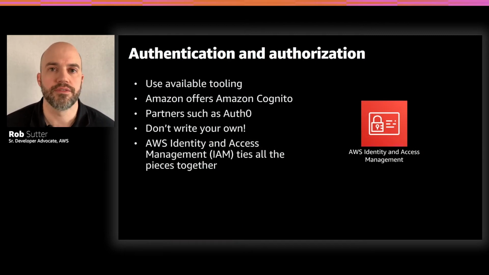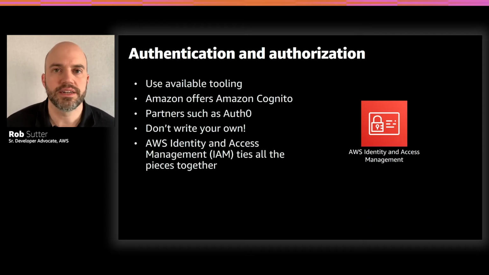Another area that you retain responsibility for is authentication and authorization. These bullet points on the slide are OWASP's suggestions for managing authentication and authorization. First, use available tooling. It's never a good idea to write your own authentication and authorization. It's an extremely complex and solved problem.